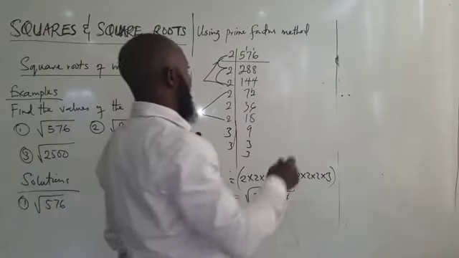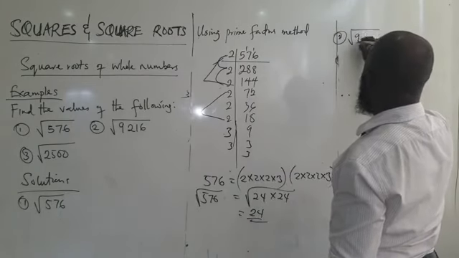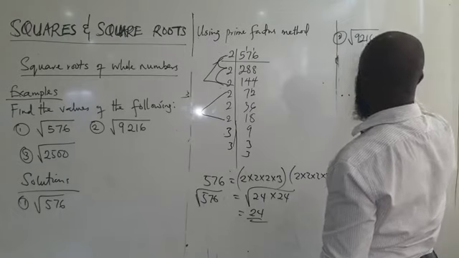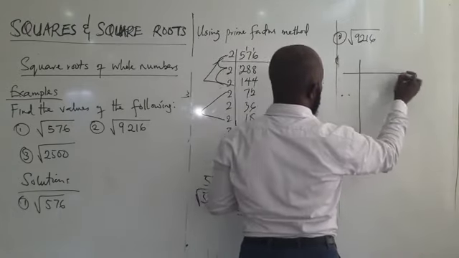Number 2, we have the square root of 9,216. The same thing here. We're going to express it as a product of prime factors.